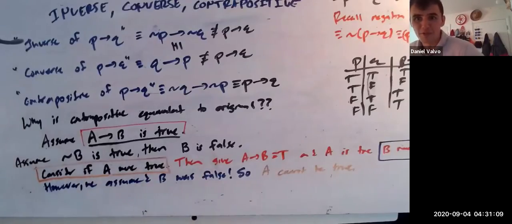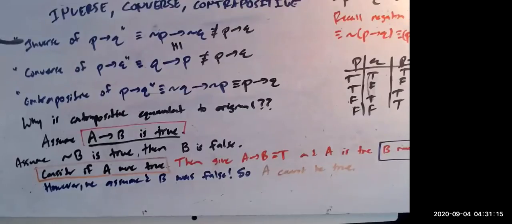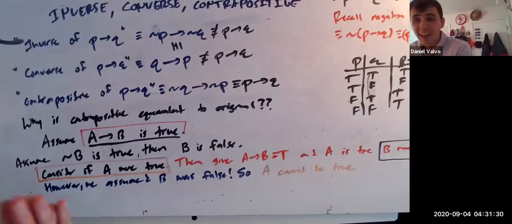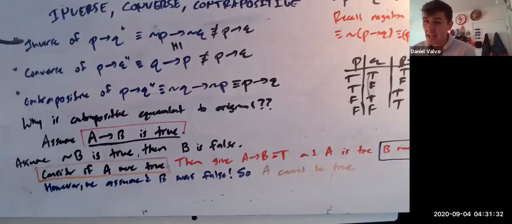Why can't B be true and false at the same time? Then it wouldn't be a statement. Exactly. That's day one coming back. Day two, we said a statement has to be true or false. It can't be both. We said that's the law of the excluded middle. And I kind of told you guys, hey, this is just what we're going to assume.